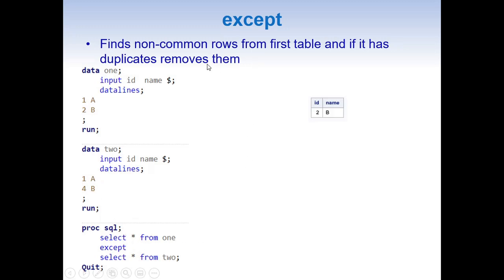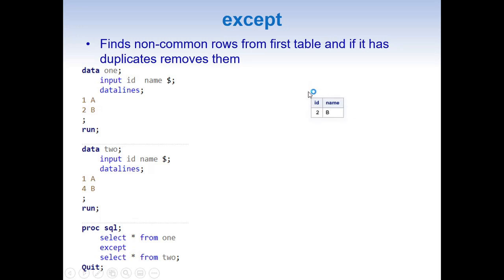I am saying very specifically that it finds non-common rows from the first table. 2B is not there anywhere in the second table, but 1A is. So 2B is the non-common row, and that comes out as our result.